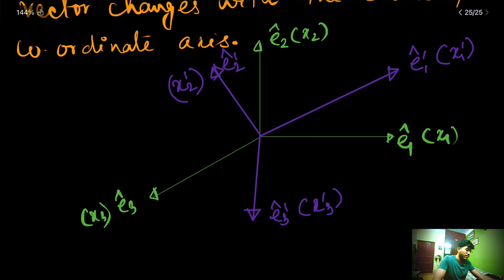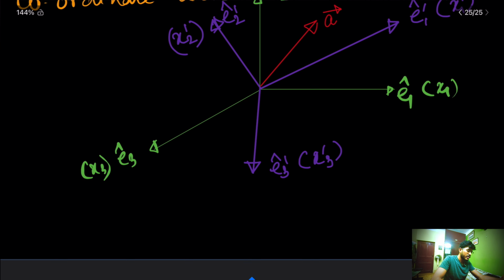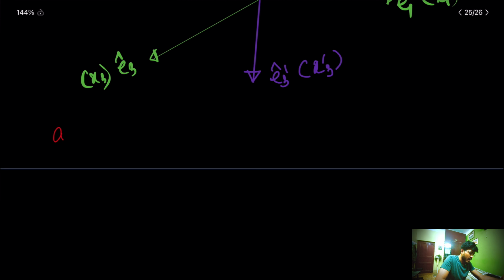So the same vector A will be written as ai.